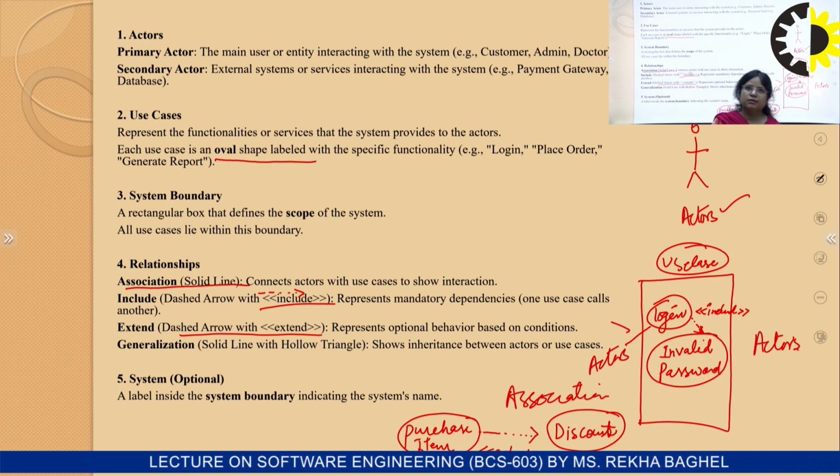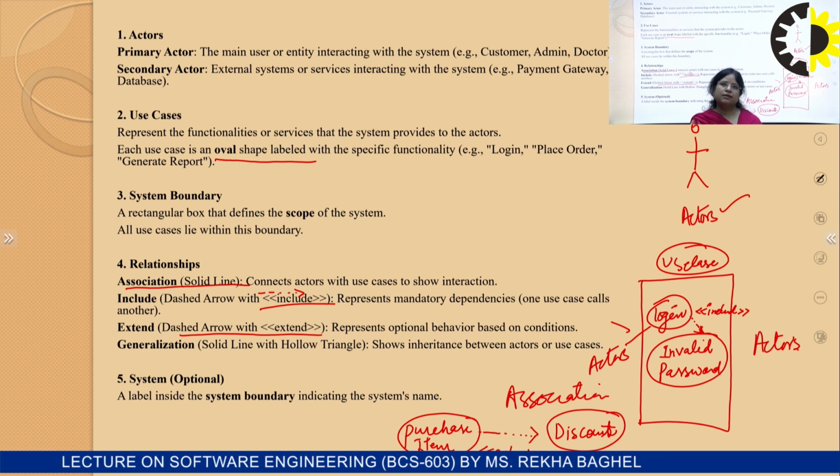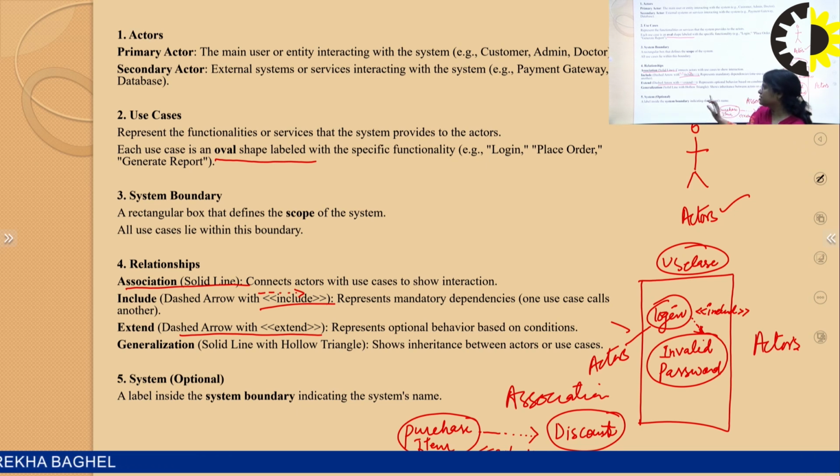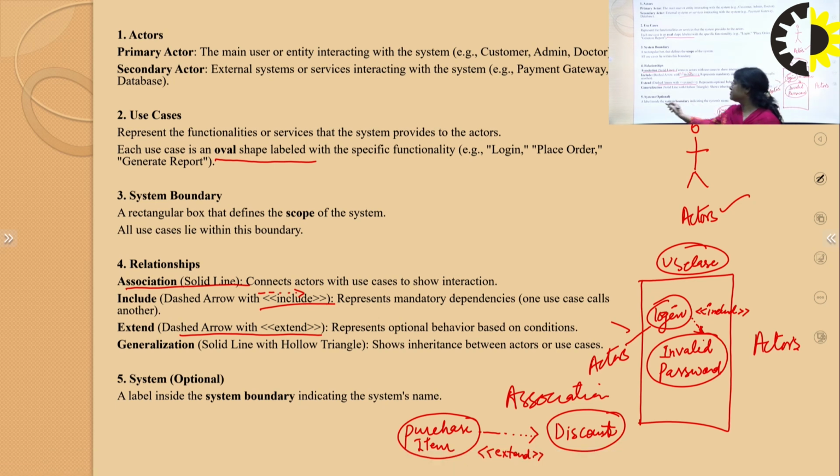First is the visiting user, and the second one is the registered user. These categories are represented by generalization, which is a solid line with a hollow triangle. The next one is system, a label inside the system boundary indicating the system's name.